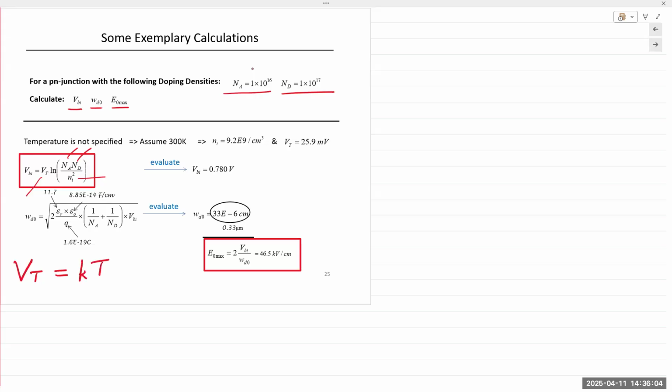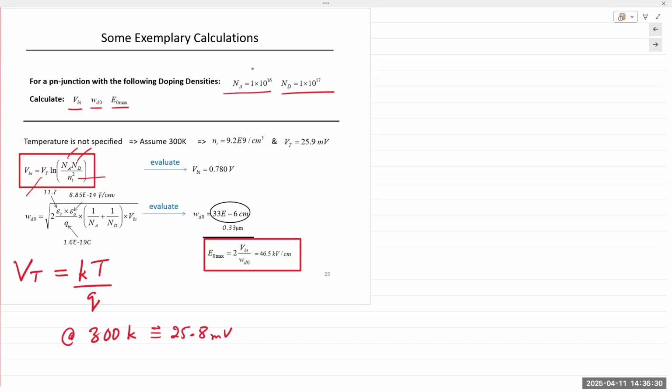It's KT over Q. T is the temperature in Kelvin. K is the Boltzmann's constant. Q is one unit charge. Typically, this value at 300 Kelvin, not 300 degrees, just 300 Kelvin, turns out to be 25.8 millivolts.